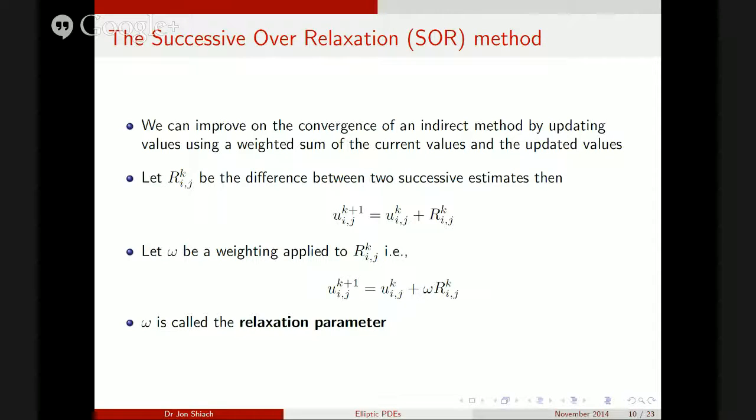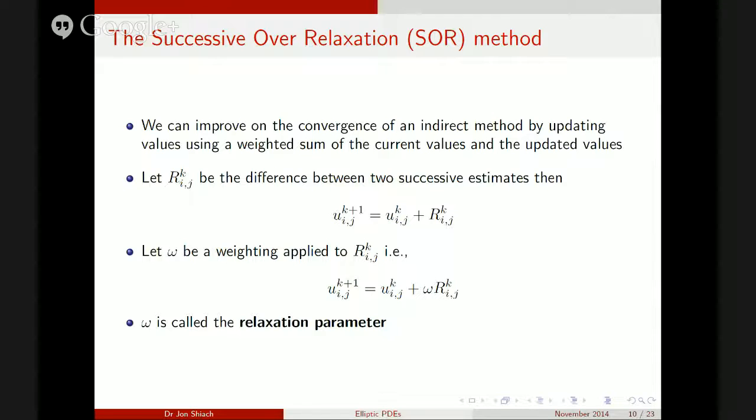I'll show you the derivation here. Let R_ijk be the difference between 2 successive estimates. You've got one estimate, you use your Gauss-Seidel, you get another estimate, and R is the difference between the 2. Well, a simple rearrangement gives you this.